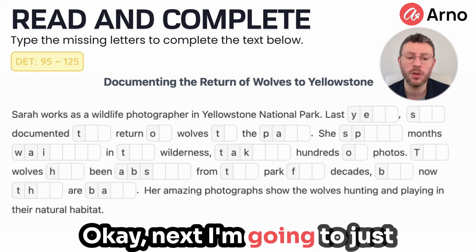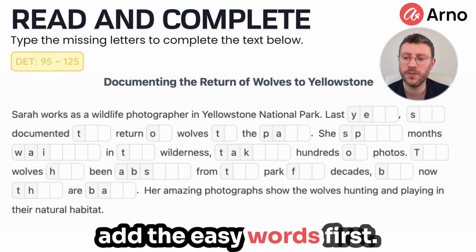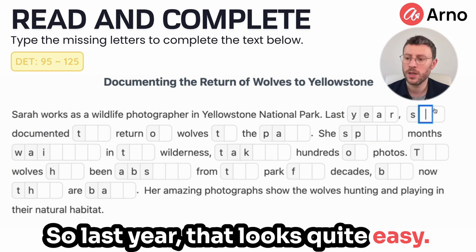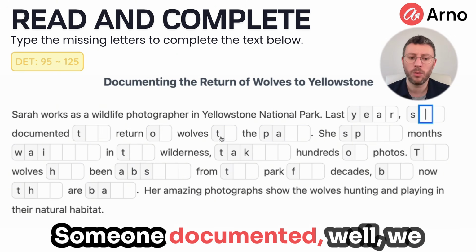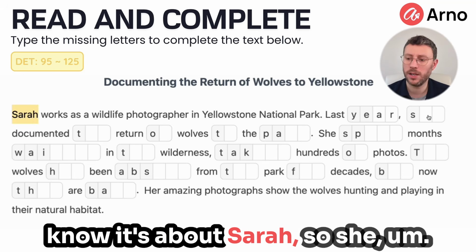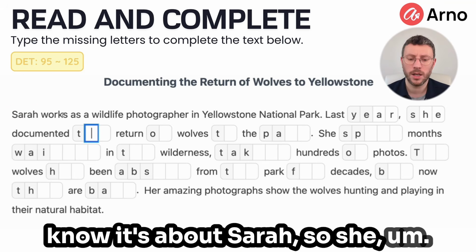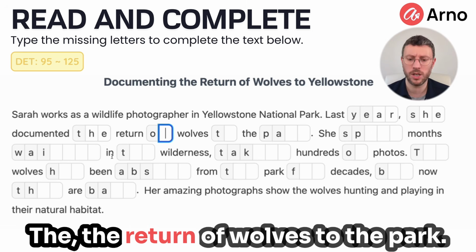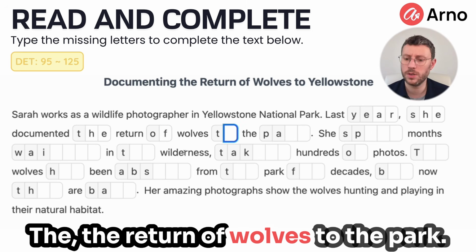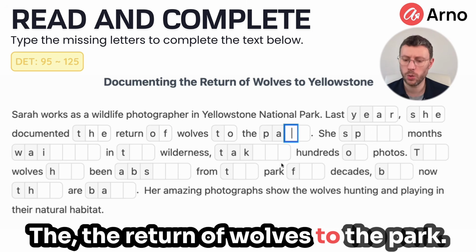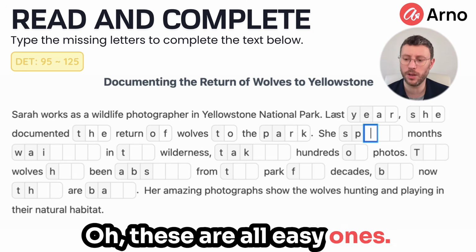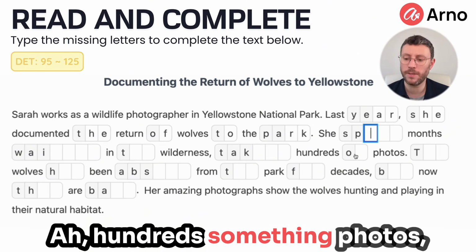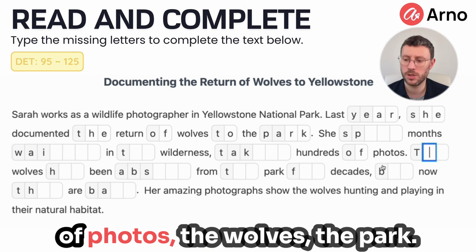Okay, next I'm going to just add the easy words first. So last year, that looks quite easy. Someone documented. Well, we know it's about Sarah, so she. The return of wolves to the park. Oh, these are all easy ones. Any other really easy ones? Hundreds something photos of photos.